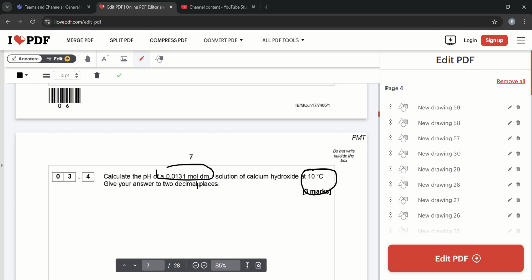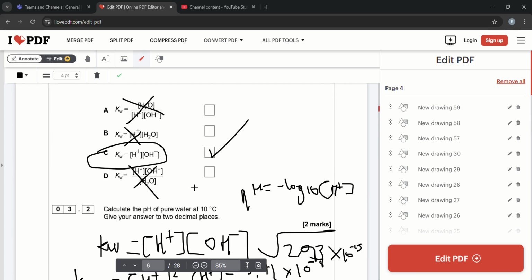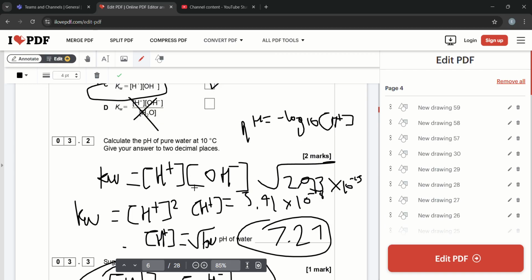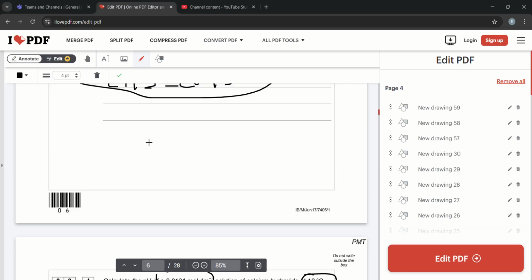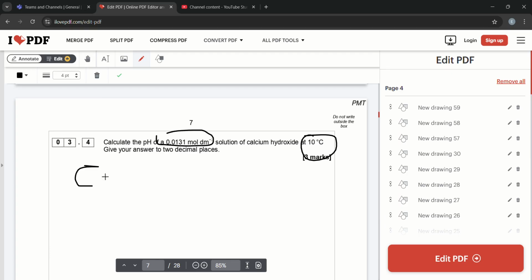So how do we find H plus? Well, we know H plus is Kw over OH minus.